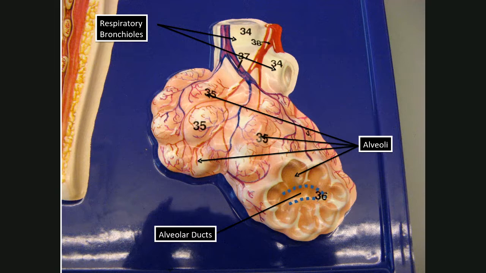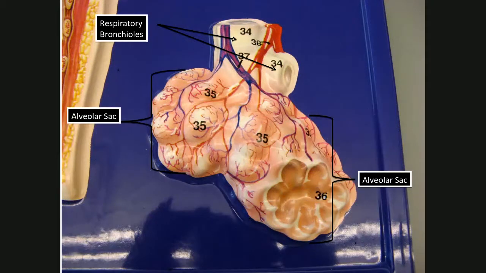One alveolus is like one grape. But these are just like grapes in that they sort of come in groups. And one group of alveoli is called an alveolar sac.